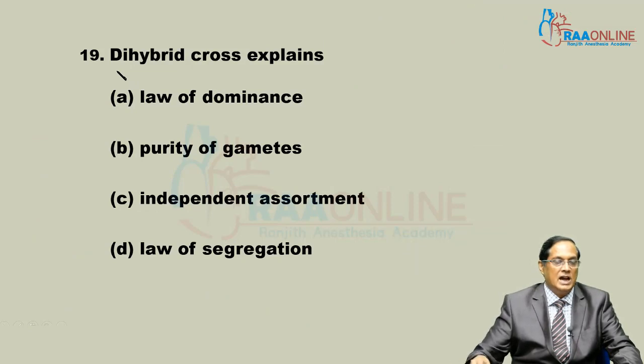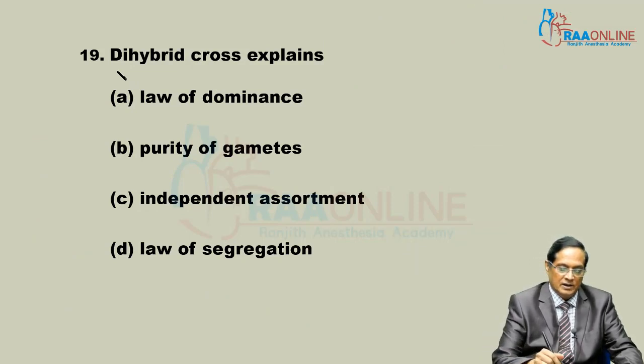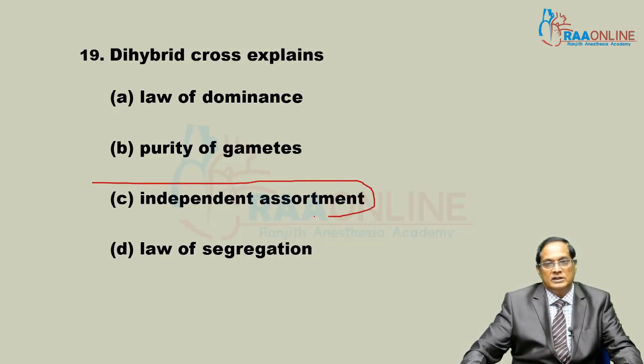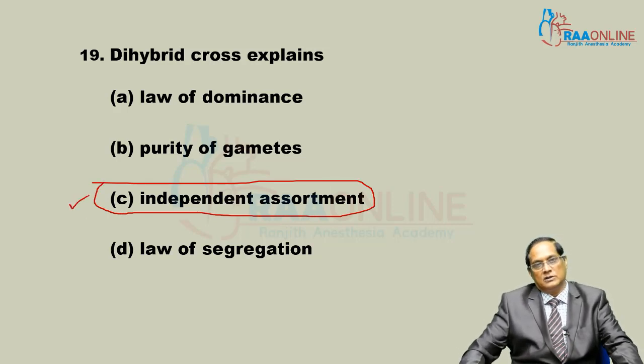19th question. Dihybrid cross explains, that is exclusive explanation from dihybrid cross. Then this answer is correct. Independent assortment can be studied only by dihybrid cross.